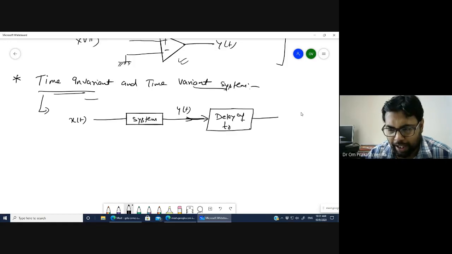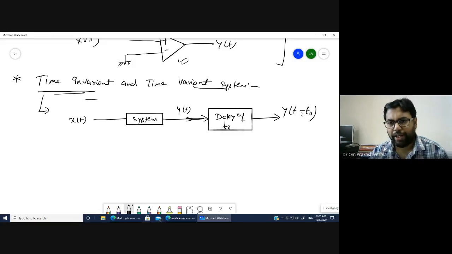Then you will get yt minus t0, right? Okay, first your input is xt, you pass through some system which will produce yt, and then you delay the yt with t0, and you get yt minus t0.